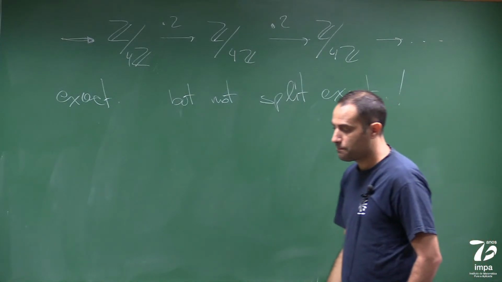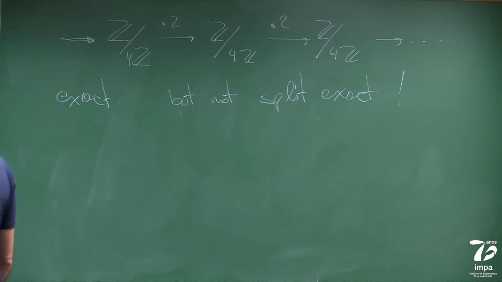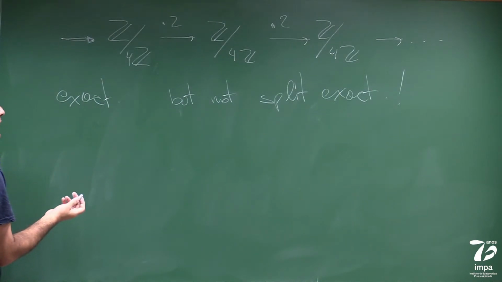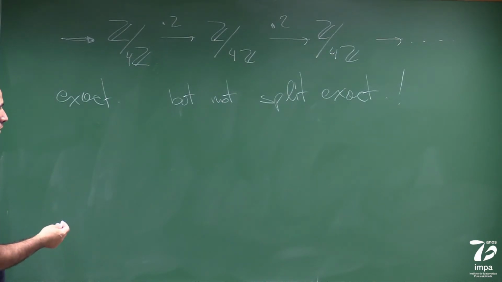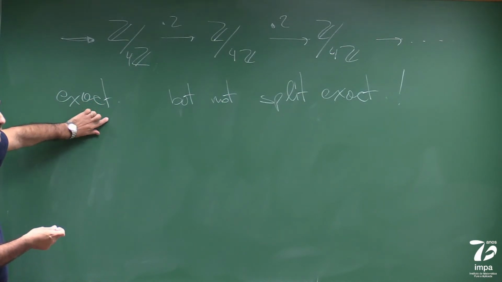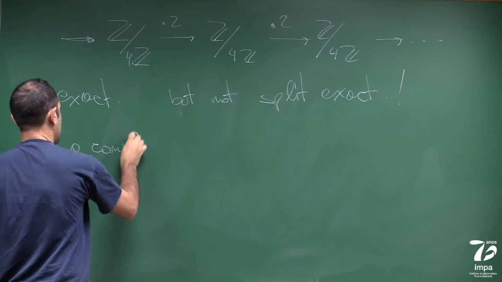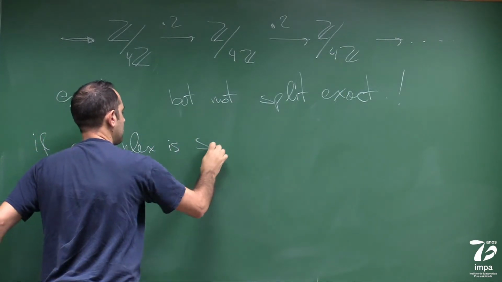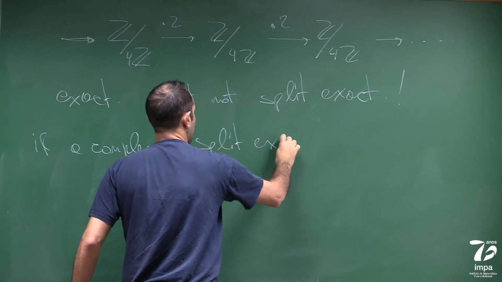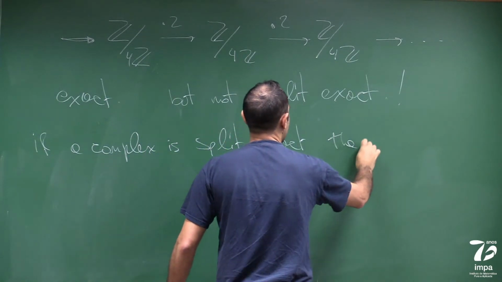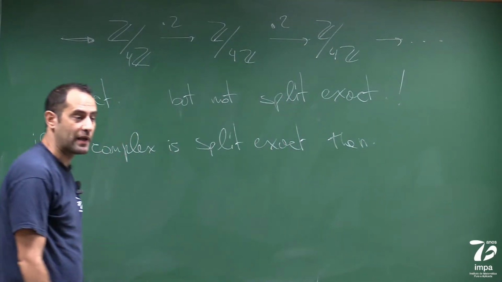So why can it not be split exact? Well, let's go back to the notion of being exact and split exact. So I claim that if you have a complex and you have a splitting and your complex is exact, then you can express the identity of that complex as a null homotopy.